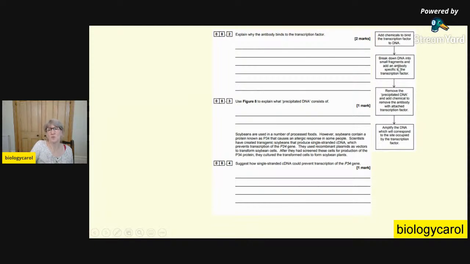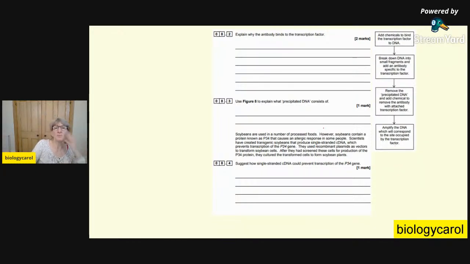Break down the DNA into small fragments, add an antibody to the transcription factor. So we've now got an antibody on the transcription factor on the DNA. Remove the precipitated DNA, add chemicals to remove the antibody with attached transcription factor, removing the transcription factor and the antibody from the DNA. Amplify the DNA, which will correspond to the site occupied by the transcription factor. Okay, right.